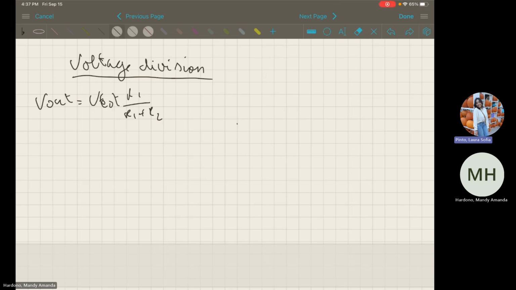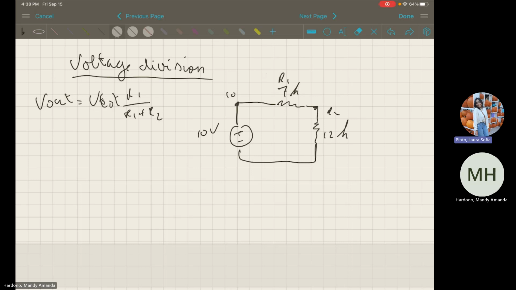So say if I have a simple circuit like this, 12,000 for R2, R1 is 7,000, 10 volts here. Your V in, which is V total, will be 10 volts here, and then you're trying to find V out, right?